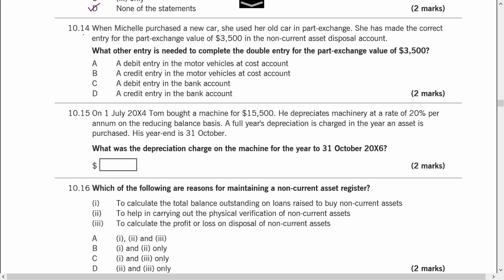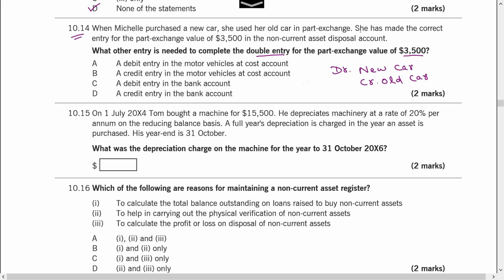Next we have question number 14. What other entry is needed to complete double entry for the part exchange value of $3,500? When M purchased a new car, she used her old car in part exchange. That means she debited the new car and she credited the old car.